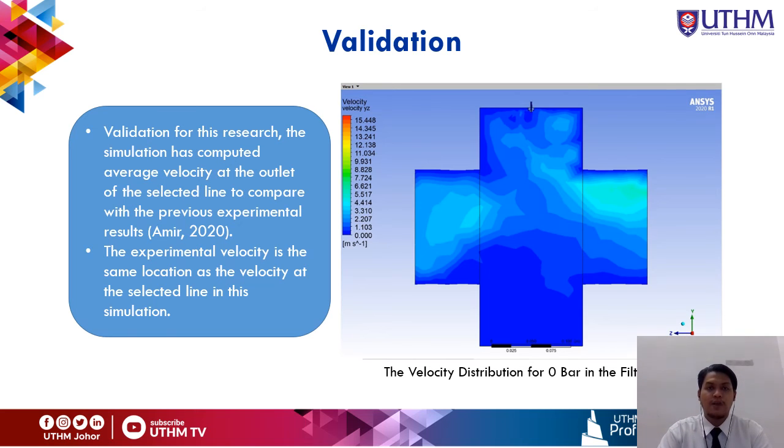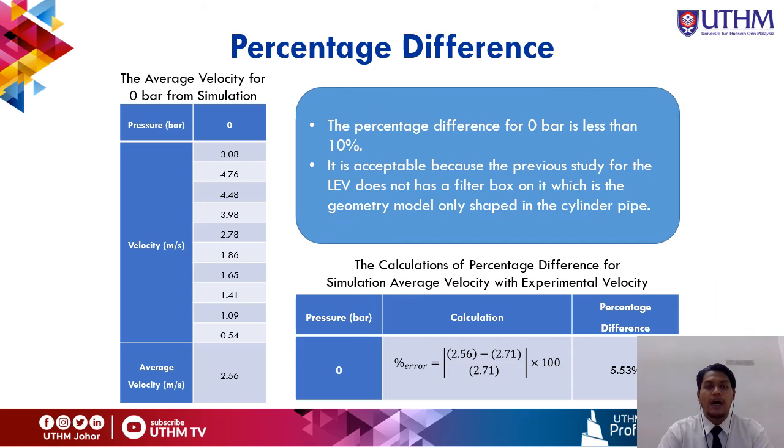I select zero bar pressure because the design from the previous study does not have a filter box and water spray on it. I use the percentage difference formula to compare the result from the previous study, which is 2.71 meter per second velocity, with my average velocity for zero bar that I calculated.